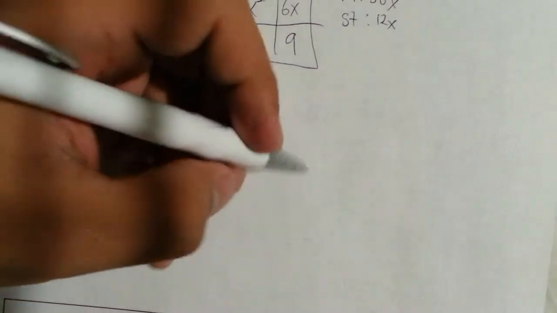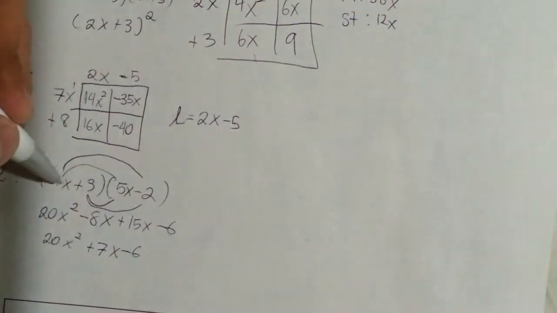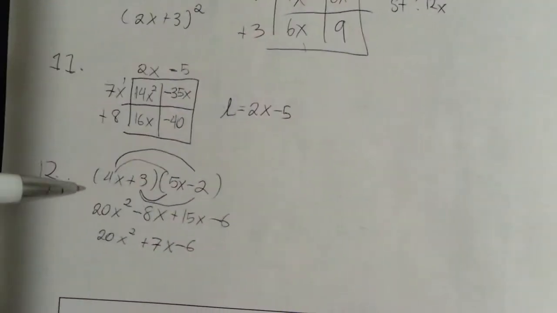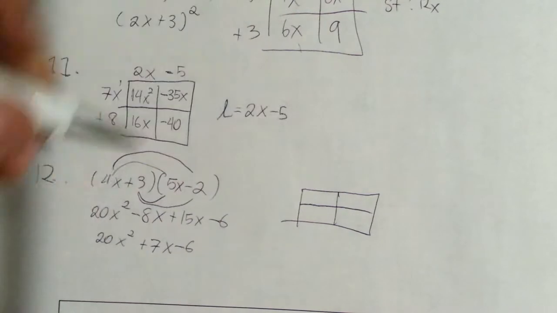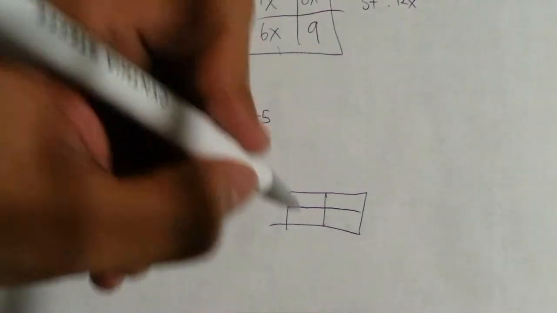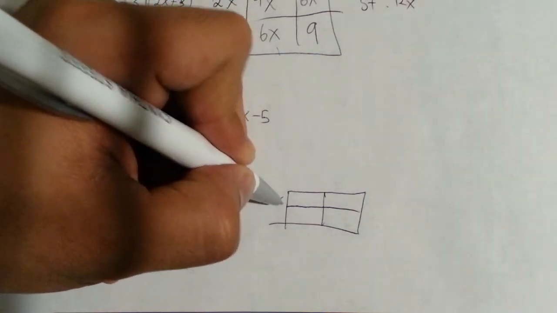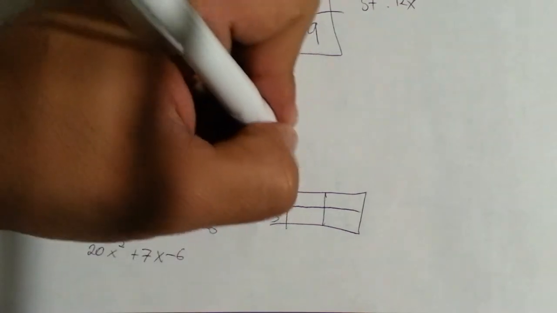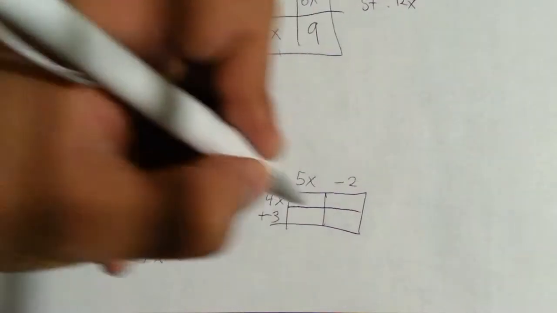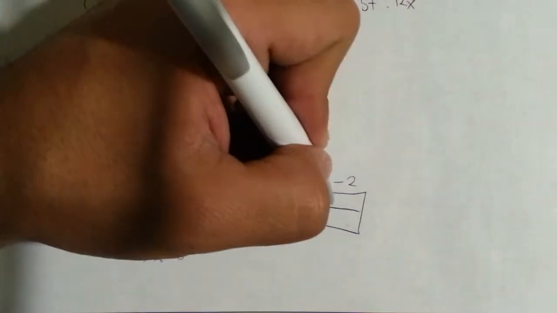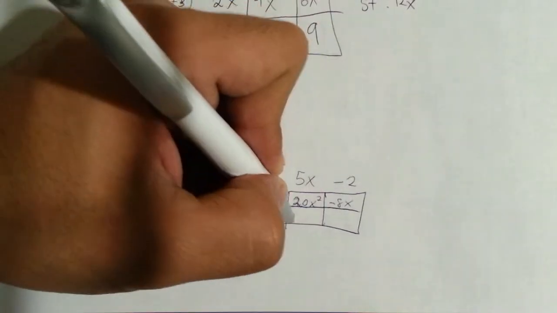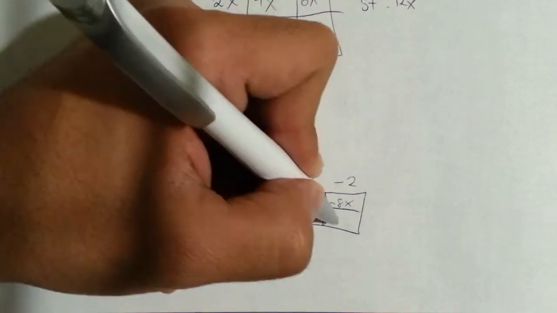And I'll go ahead and work this in a grid as well. We've got a 2x2 box, since we've got a binomial, two terms, times a binomial. Excuse the size of my boxes. We've got 4x plus 3, and then 5x minus 2, again the 20x squared, the negative 8x, the positive 15x, and then the negative 6.